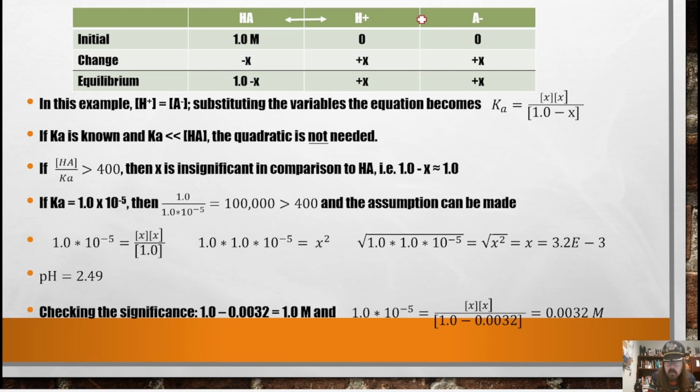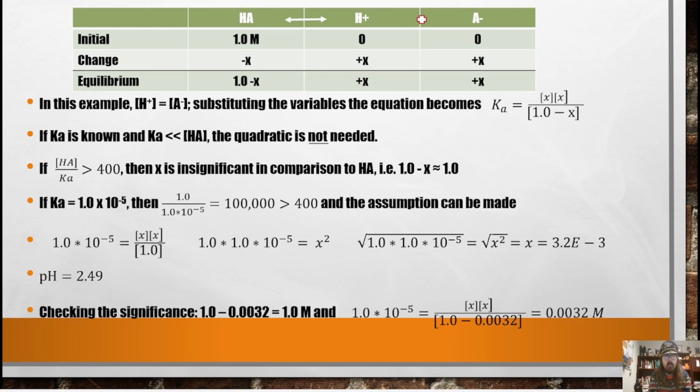If we subtract 1/1,000,000th from 1, you won't notice it in your calculator when you do the calculation. If you subtract 1/10th from 1, you will notice it. But if the amount of acid that dissociates is small enough, it will play a part in the pH, but it will not play a part in the concentration of HA left.